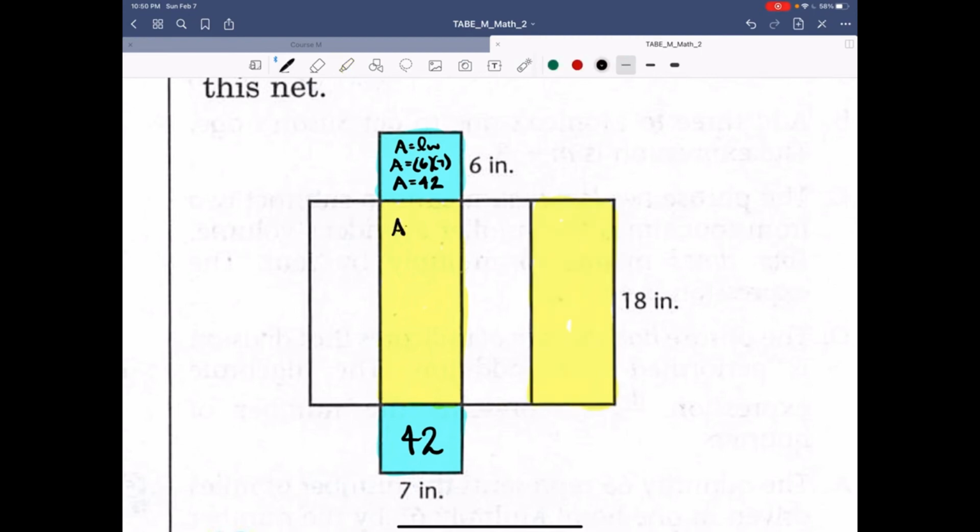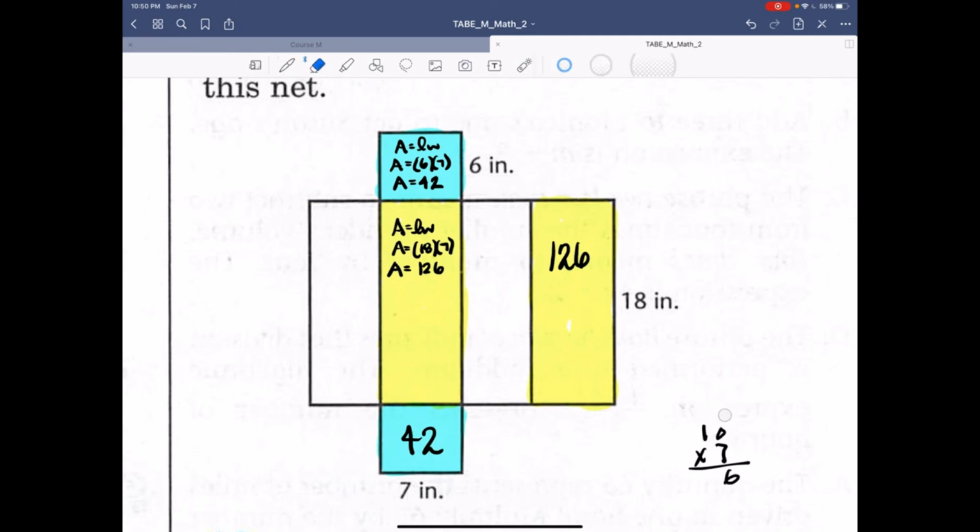So I have the area is length times width. It's 18 long and 7 wide. Use your calculator. I believe it's 126. And that means this one would be 126 also. I don't have a calculator, so let me make sure I'm doing it right. Yes.